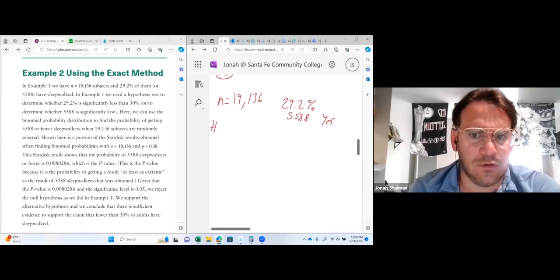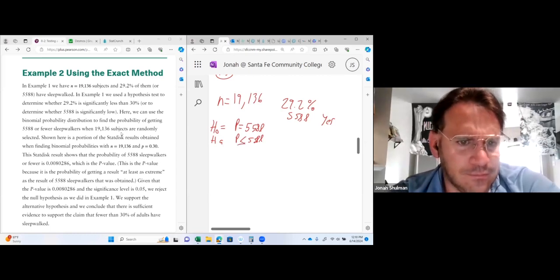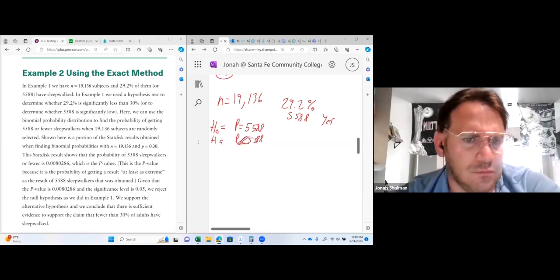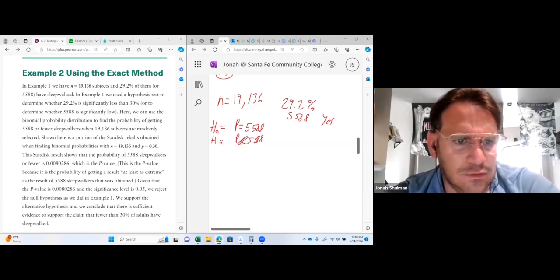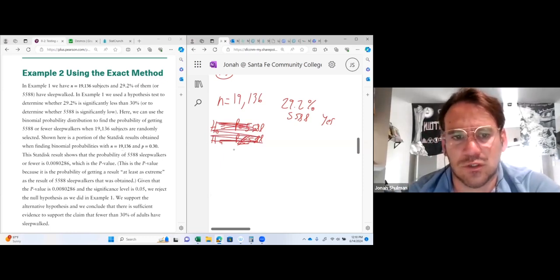So still our null hypothesis is going to be that this is equal to the exact amount, 5,588, and your alternative hypothesis is going to be fewer than 5,588. I think it just has to be fewer based on this. Oh, well, they just want it to be the same to start, so I might as well write it how they have it.